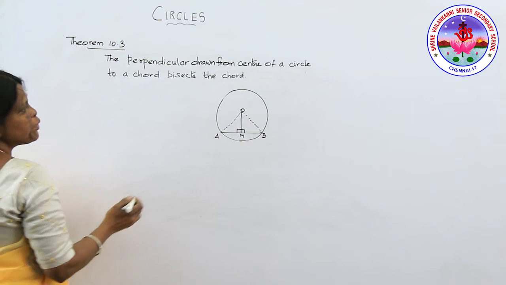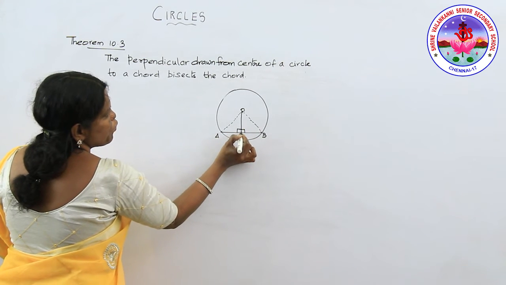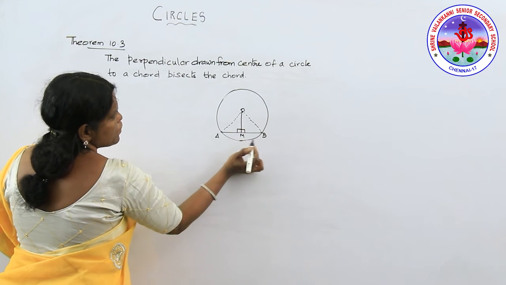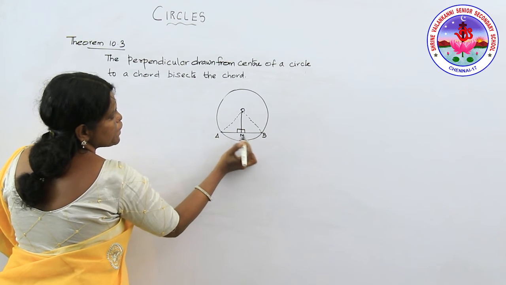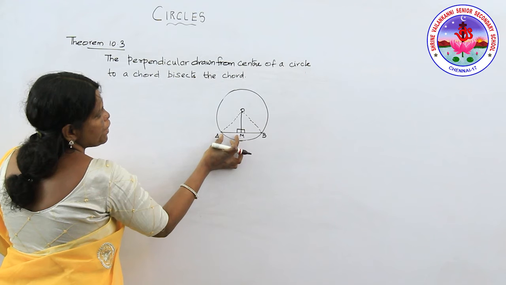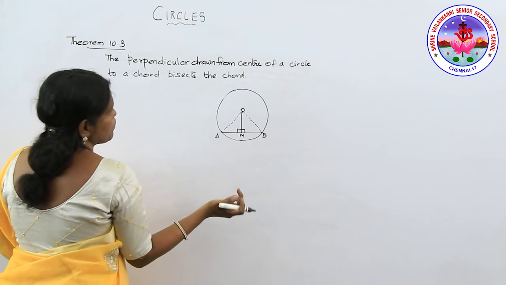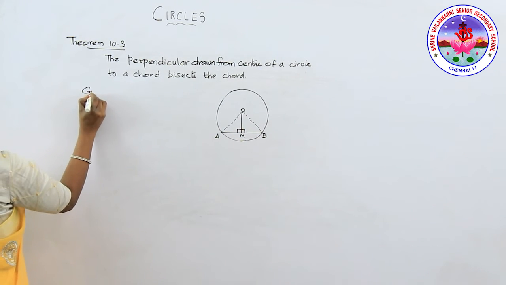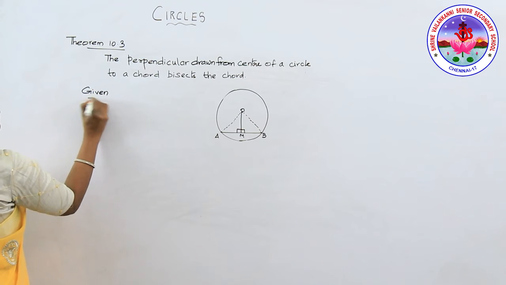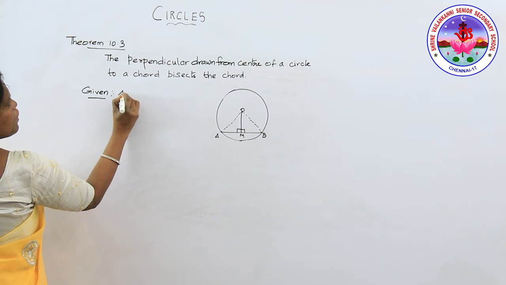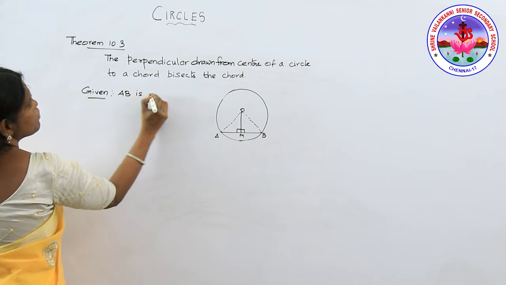So I want to prove that this perpendicular line OM bisects the chord. Bisects means divides into two equal halves. So I have to prove AM is equal to BM. Now coming to the proof, first let me write what is given. AB is a chord of a circle.